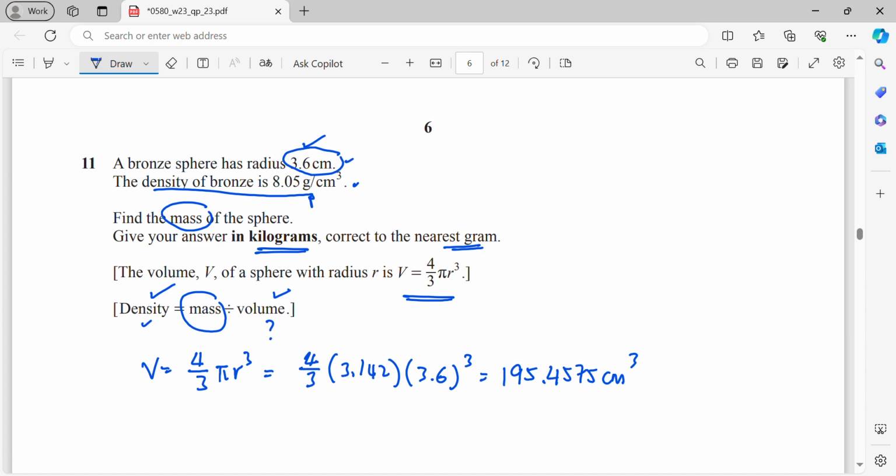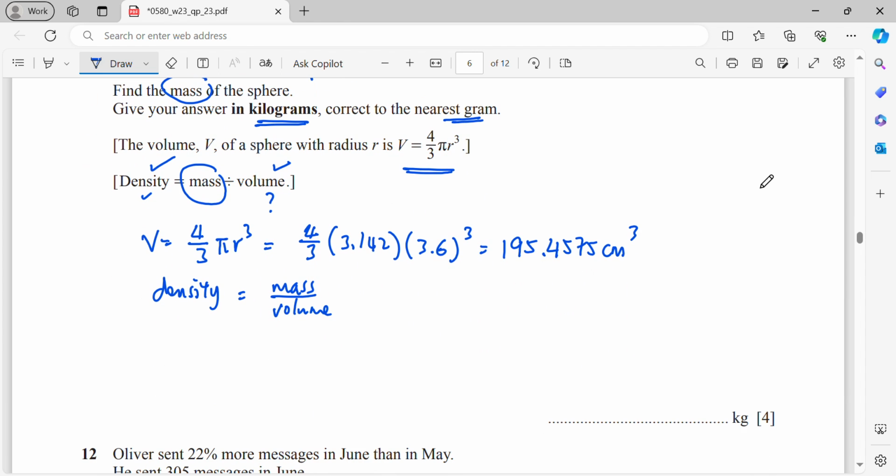Now to get the mass, we know that density is mass over volume. So I will just write down the formula first. Density equals mass over volume. Then you need to calculate the mass.